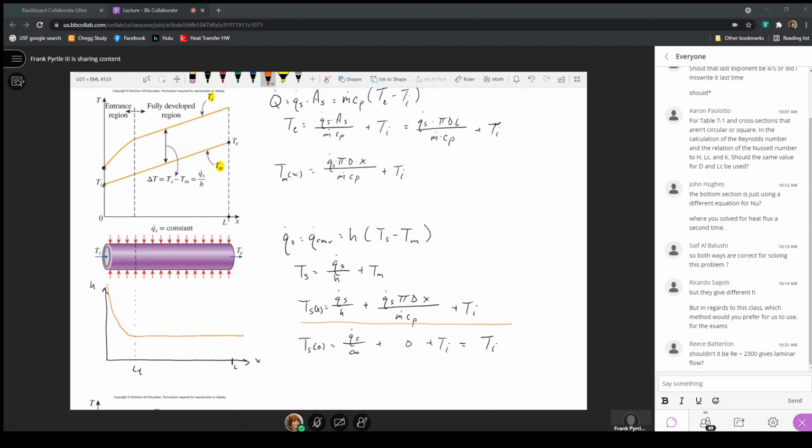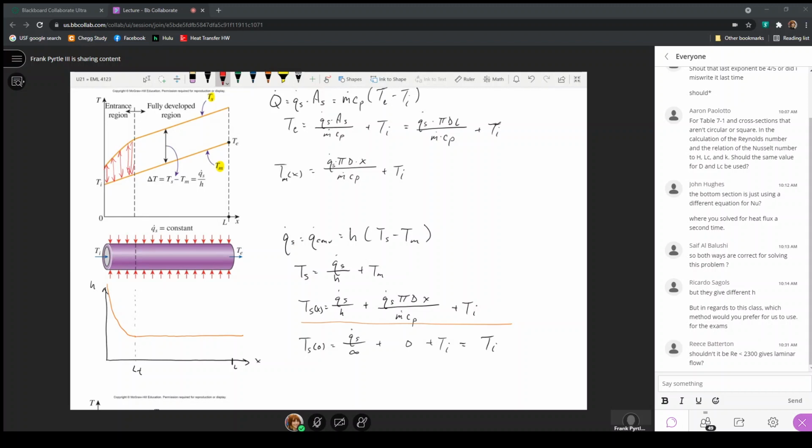So the effect is that this temperature difference, this is the temperature difference between the surface and the fluid, gets larger as we move through the entrance region because the heat transfer coefficient is getting smaller while that heat flux is a constant. So this term gets larger. It's added to the increasing value of the mean temperature of the fluid, which is the second and third terms here, so that this temperature difference grows until we get to the end of the entrance region, because at that point, H becomes a constant.